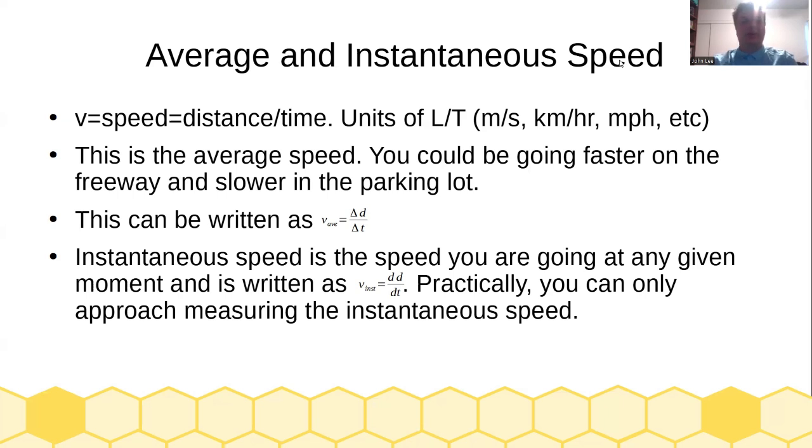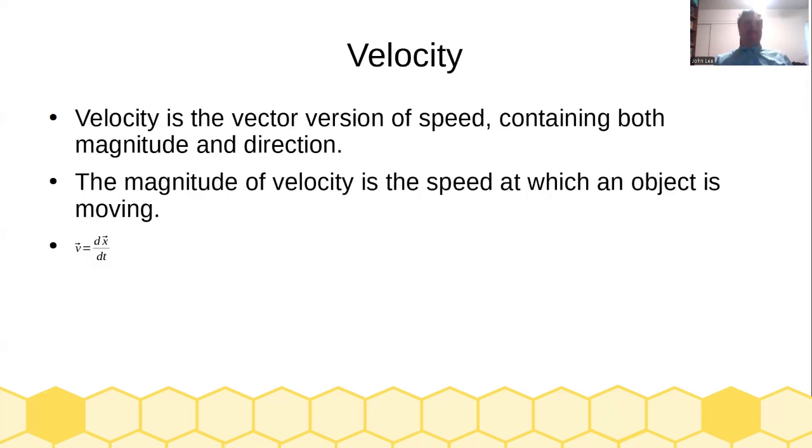This is called the derivative, and practically you can only approach measuring the instantaneous speed and not actually measure it. Velocity is the vector version of speed, containing both magnitude and direction. The magnitude of velocity is the speed at which an object is moving, where velocity is equal to dx over dt, where v and x are both vectors.